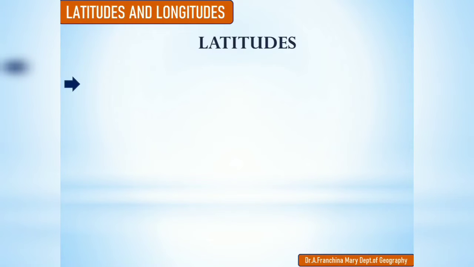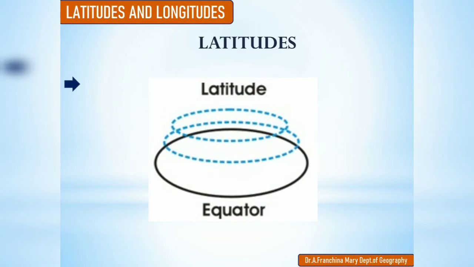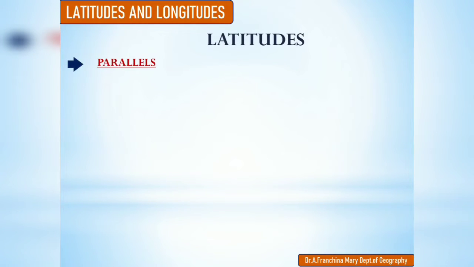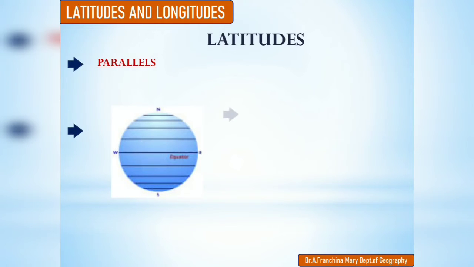Latitude. Latitude is a distance north or south of the equator. These lines are also called parallels because they do not touch, and they run horizontally.